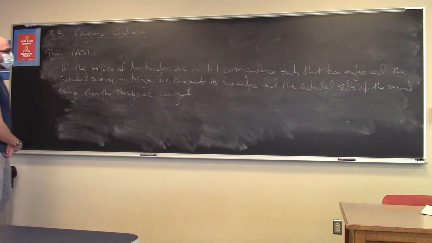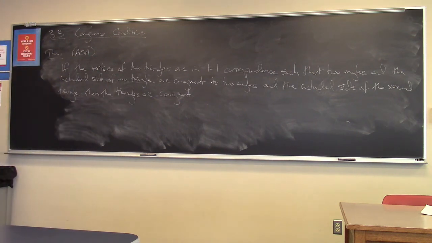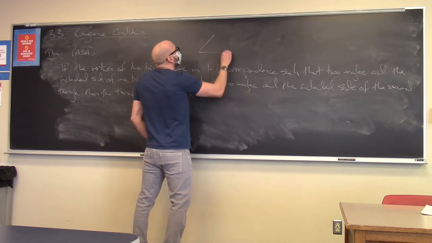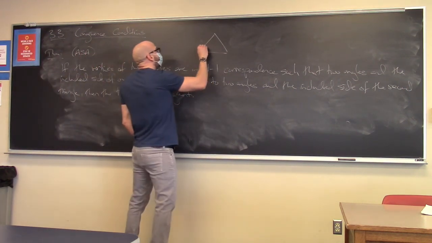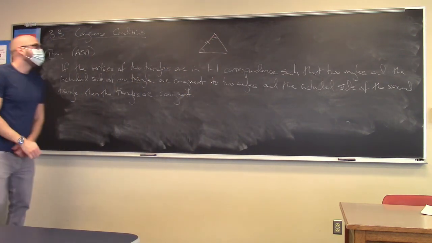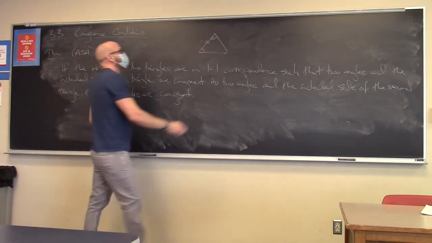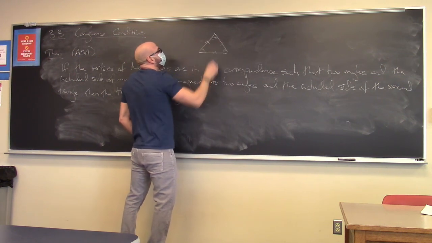And so I have a bijection between these two triangles. I have a bijection that maps vertices to vertices, sides to sides. And if I can do this bijection in such a way that two angles are the same and the sides between them are the same, then they're congruent. In other words, a triangle is uniquely determined by just knowing two angles and a side length. If you know that, then you know the triangle uniquely.